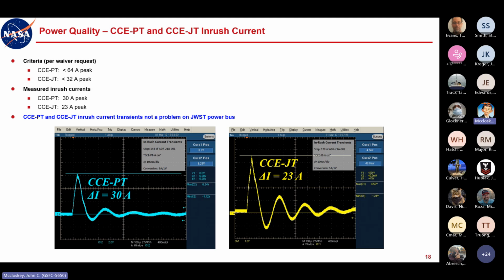I hadn't really thought about it before, but that's my quick assessment of possibly why that's the case. But the real point here is that these currents are less than what we had already approved in this prior waiver request. So we were good to go. These current transients and the voltage transients from the previous page said, okay, this is not going to be a problem on the JWST power bus.